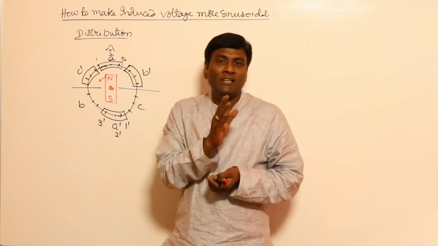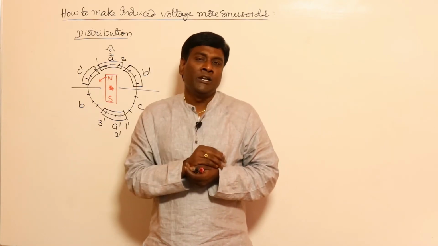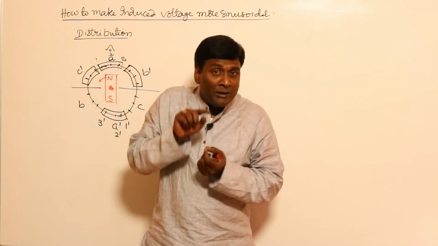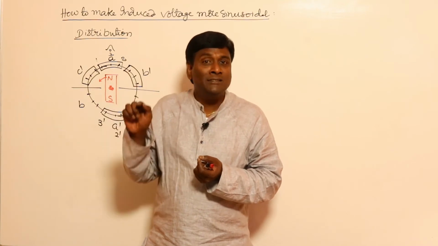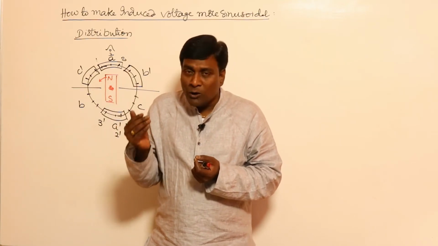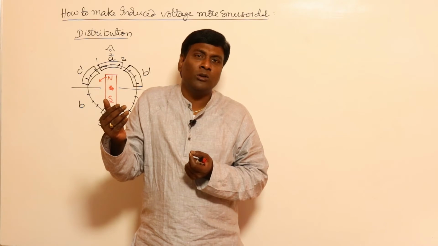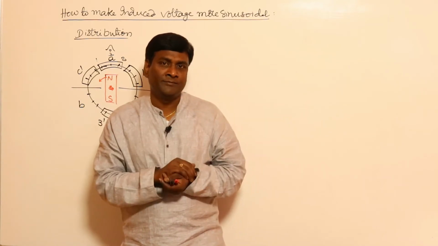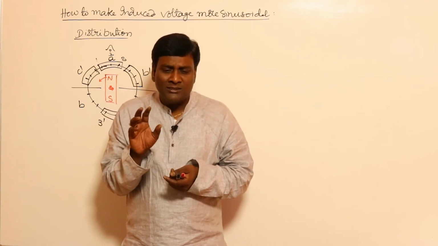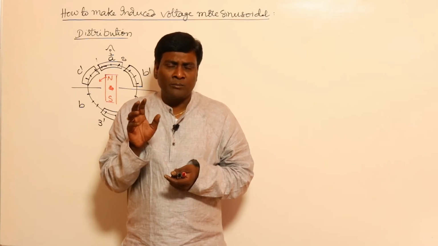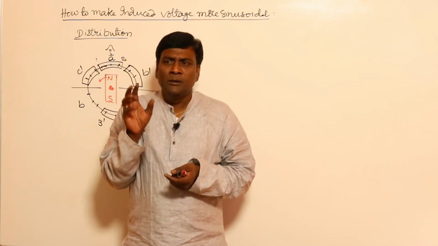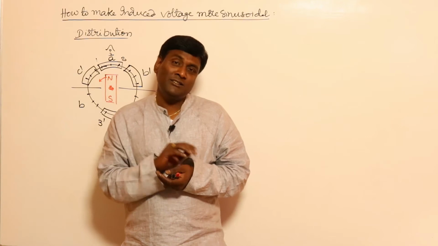For example, rated voltage is 11 kV. In order to produce 11 kV, because of the distribution of the winding, net voltage is getting reduced, meaning that you have to provide more number of turns in order to reach 11 kV. So from a practical point of view, we should not say that because of distribution net voltage is reduced, that is wrong.